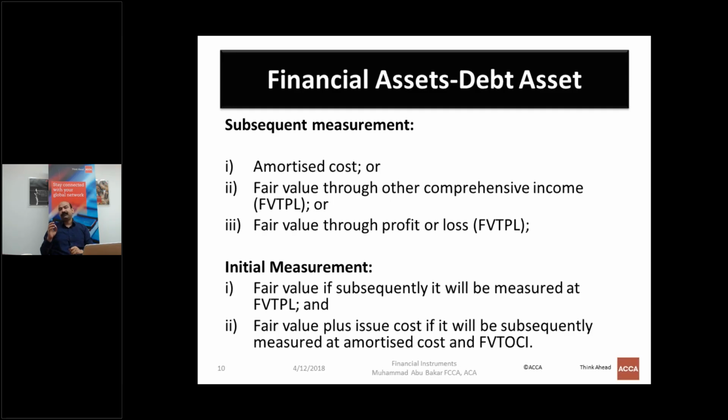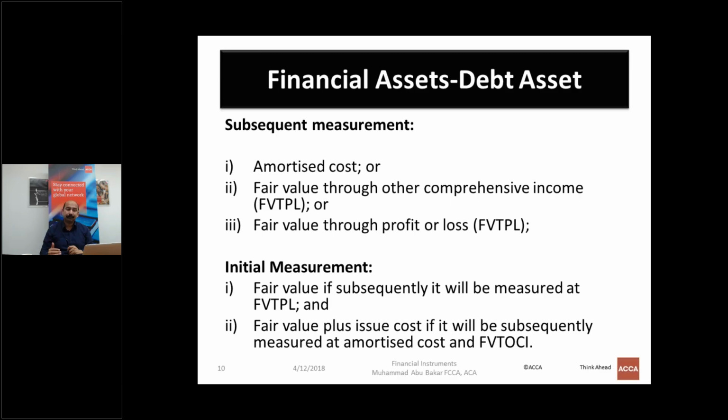Otherwise, your fair value will be the consideration given. One exception: if you have given as consideration something which is not a financial asset, then the fair value at initial recognition will be determined using the criteria given in IFRS 13.